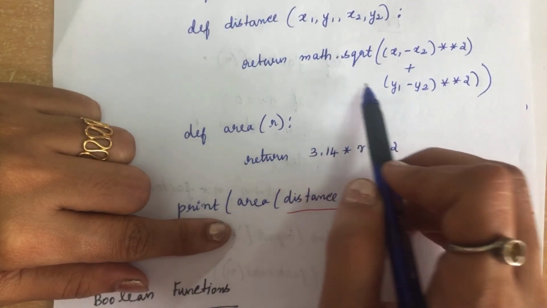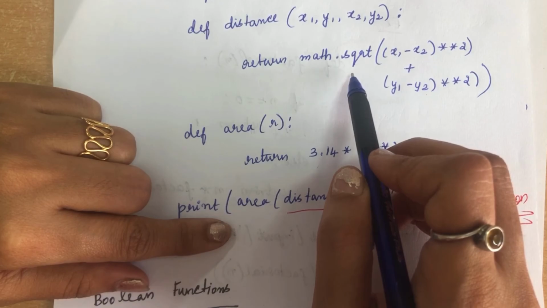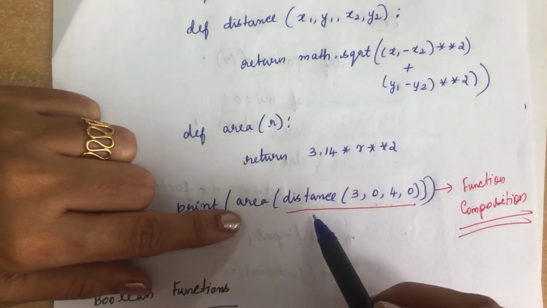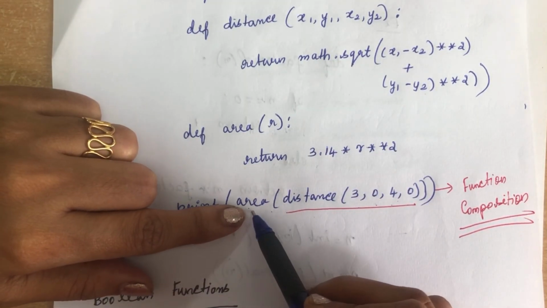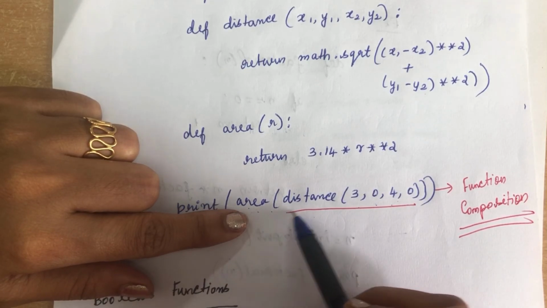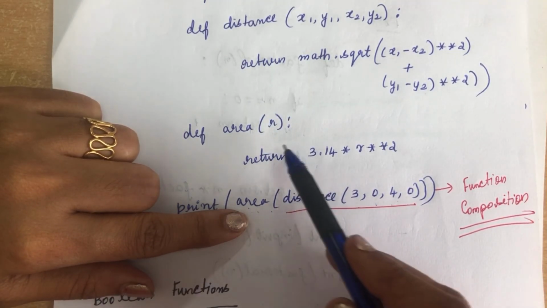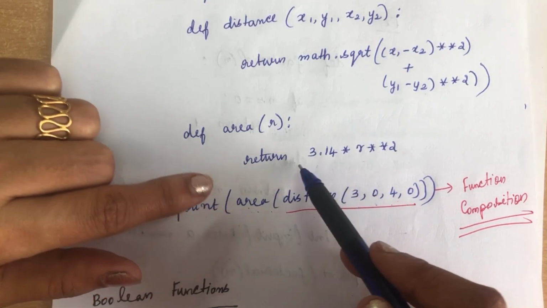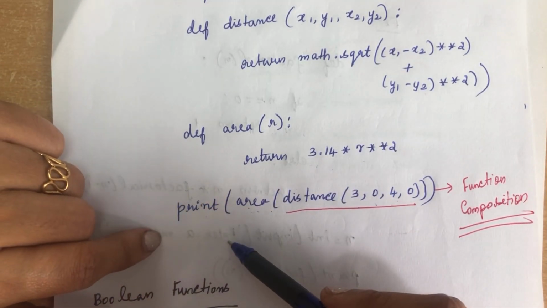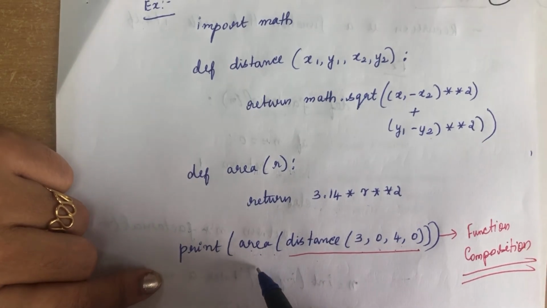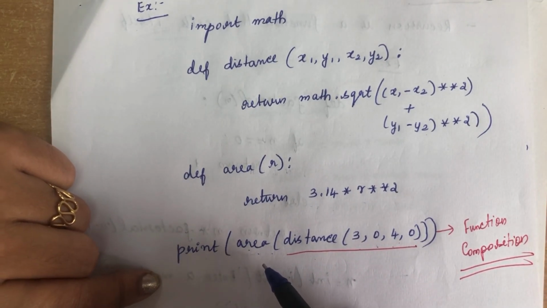It will find the distance between the 2 points and return it, after which I am going to call the area with that output. Then the output will be printed on screen. So this is one more example of function composition.